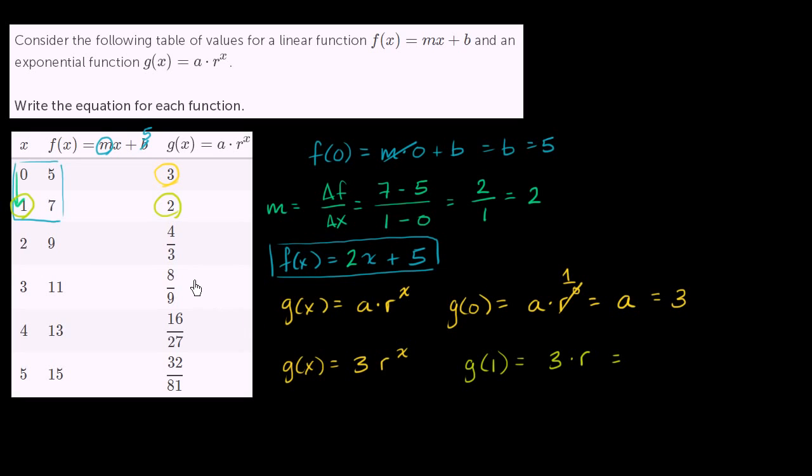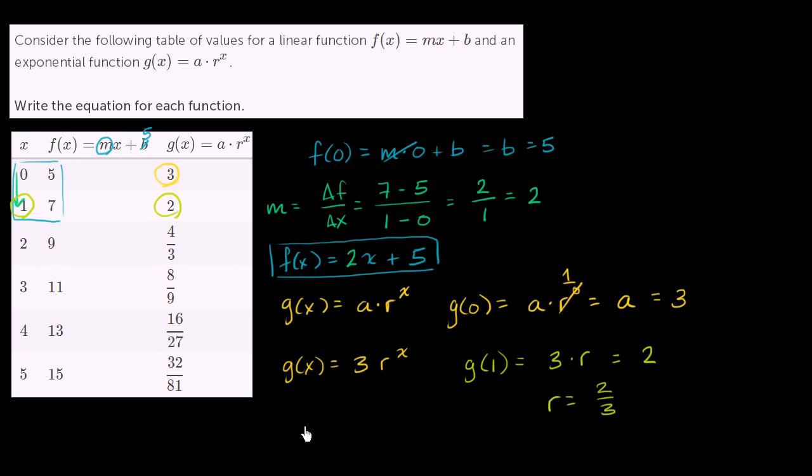They tell us that g of 1 is equal to 2. So we get 3 times r is equal to 2, or r is equal to 2/3. Divide both sides of this equation by 3. So r is 2/3, and we're done.